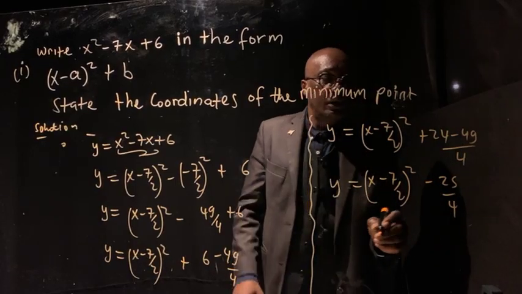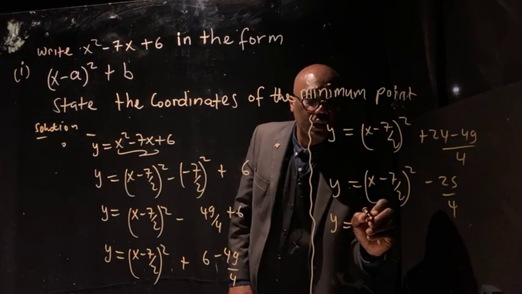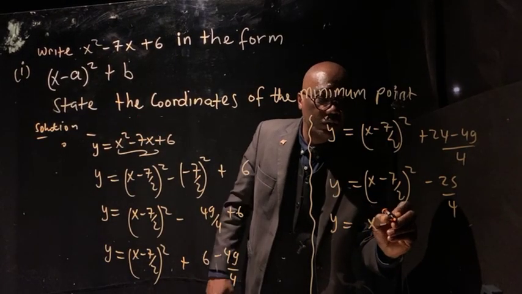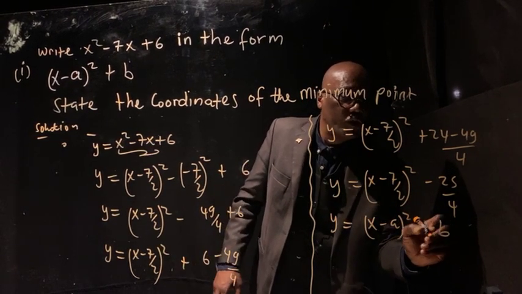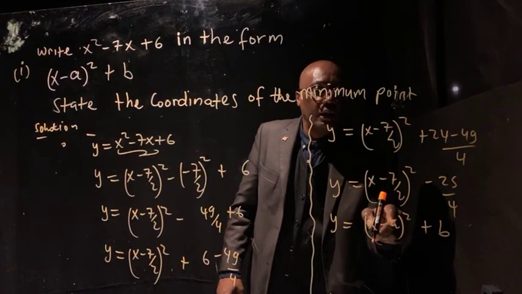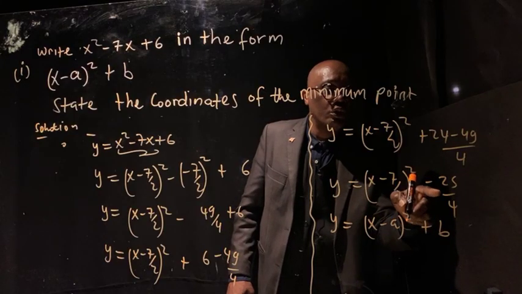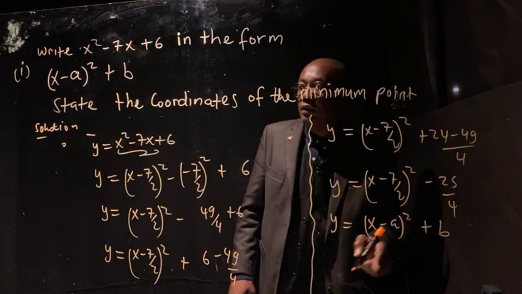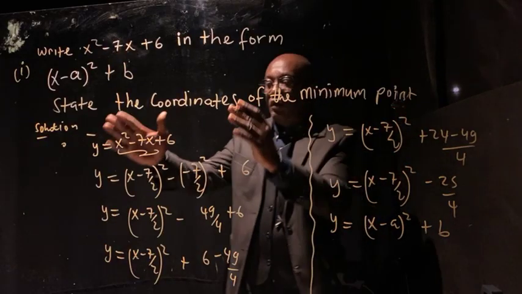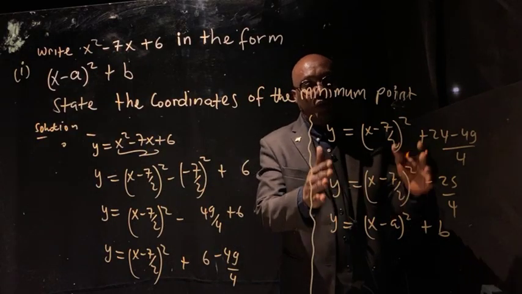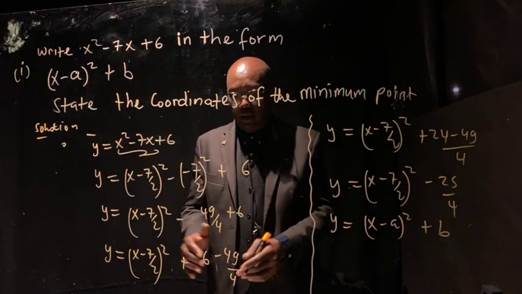So you can see that this one is identical to y equals (x minus a) squared plus b, which indicates that a is equal to 7 over 2 and b is equal to minus 25 over 4. Very good. Take your time to copy from here up to here, and then I will pick it up from here while I wipe off the board. Take your time.